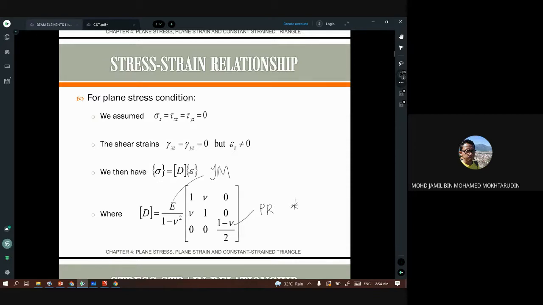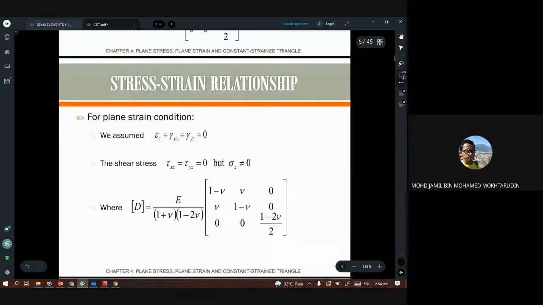Please be reminded that in CST there are so many formulas, and the lecture notes consist of derivations, which I think most probably will not come out in the test. So throughout this lecture, I will skip some of the derivation and give you only the important formulas. So this is the formula for plane stress.